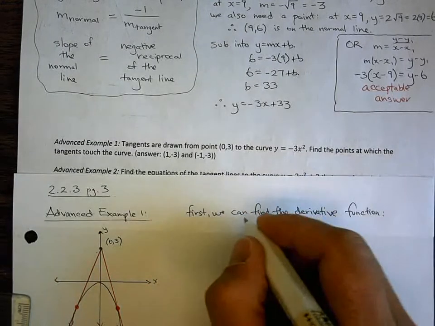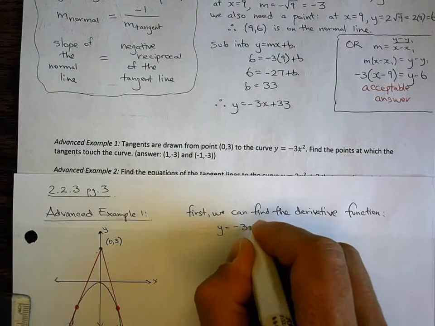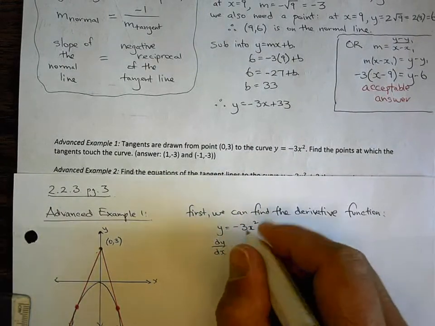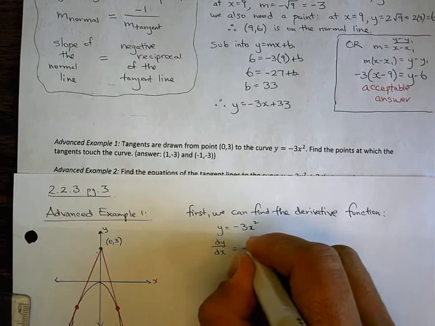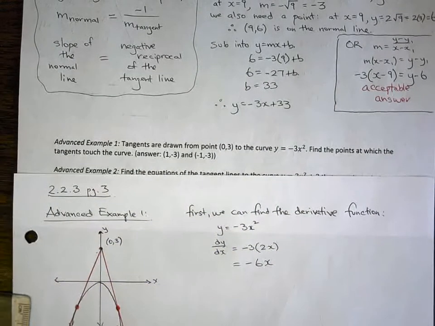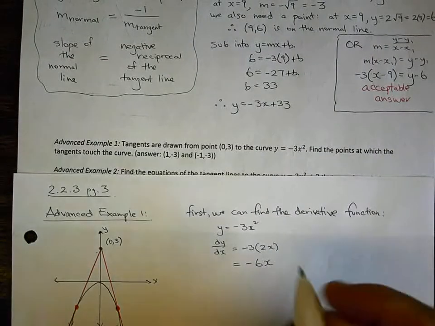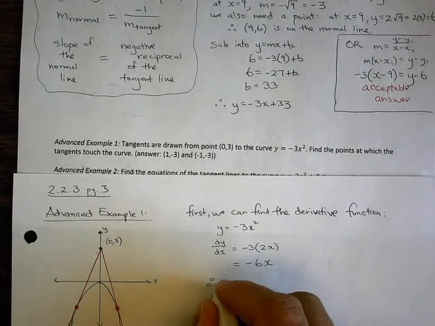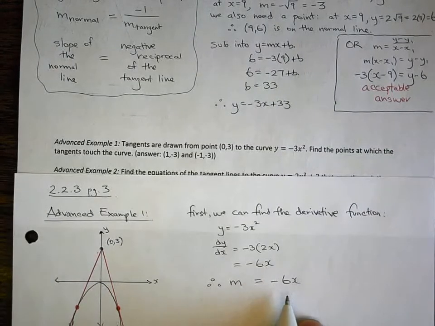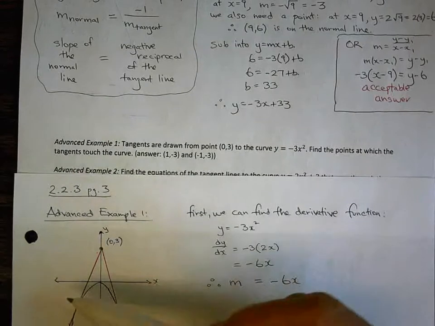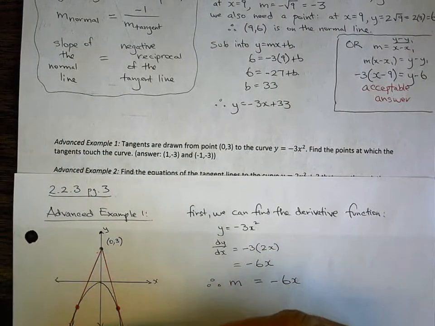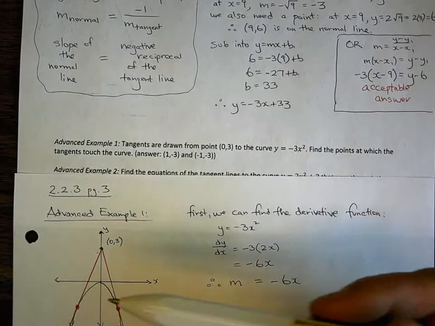So for y equals negative 3x squared, dy/dx is negative 3 times 2x, so that gives me negative 6x. So I know, therefore, that the slope is equal to negative 6x. However, I don't know what x value this occurs at, right? Like I want to find the equation of this line, but I don't know what point this is. So I'm kind of in trouble.